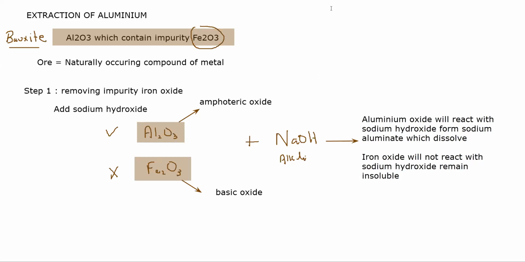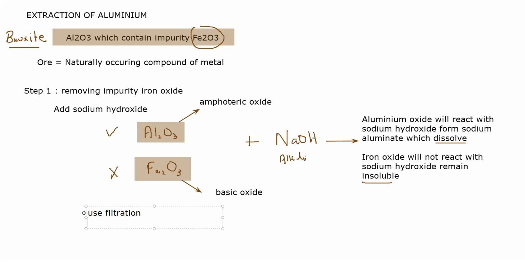So one substance dissolves, another is insoluble. How can I separate them now? If one is soluble and the other is insoluble, we can use filtration.